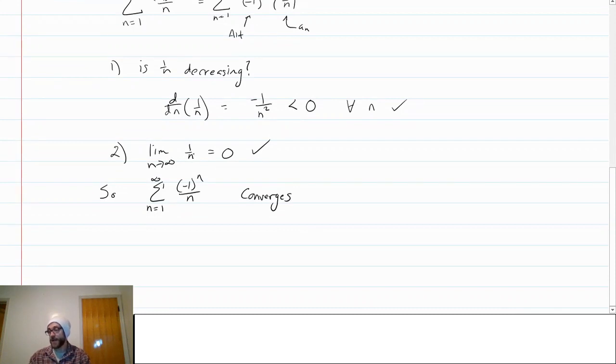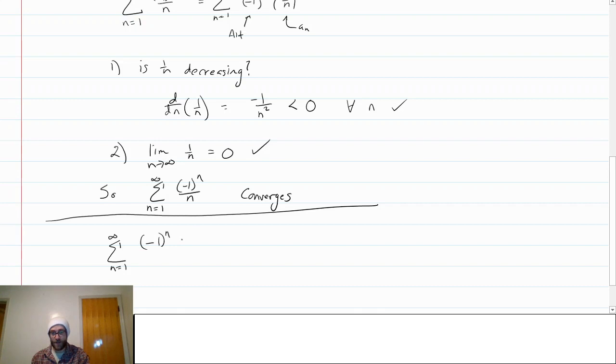Now let's take a look at another example. Let's say the sum from n equals 1 to infinity, we'll just put a divider here, of -1 to the n times n squared over n squared plus 5.